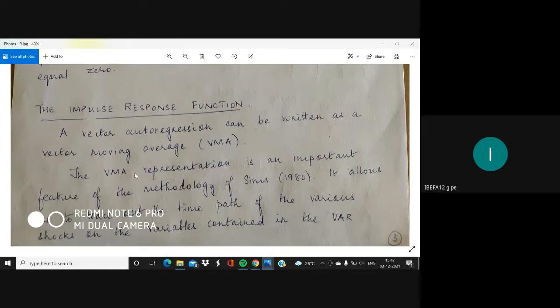Once we rewrite the VAR model in terms of the error terms in the model, it allows us to find out what happens if there are shocks, or if one of the error terms changes by 1 unit, or there's a shock to any one of these variables, and how it changes or evolves over time in response to the shock to the error term. So the vector moving average representation helps us to trace the time path of the various shocks on the variables contained in the VAR model.